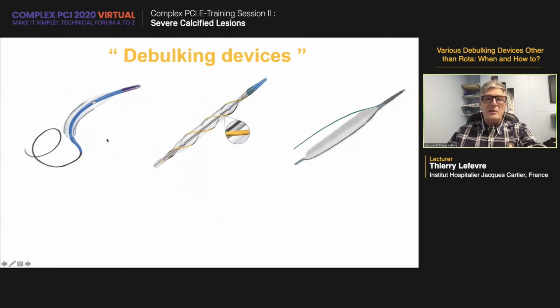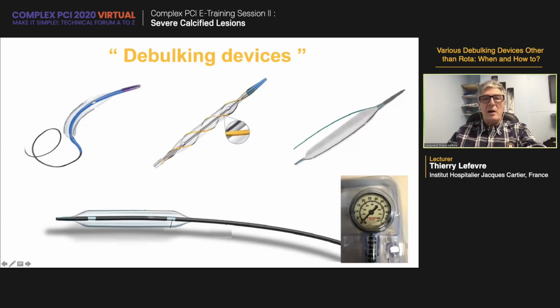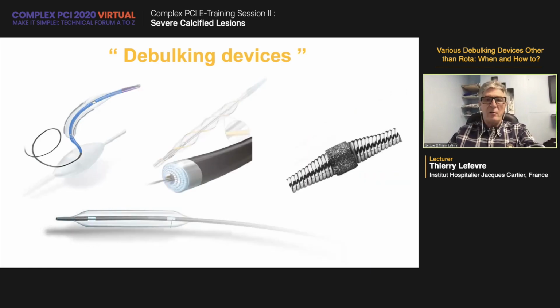Of course, these are not really debulking devices, but they help to expand the lesion, like the cutting balloon, scoring balloon, a special balloon with a wire, but also there is a non-compliant balloon and a special OPN non-compliant balloon, which can go up to 50 atmospheres, which is very useful to treat this kind of lesion, even sometimes after rotablation.